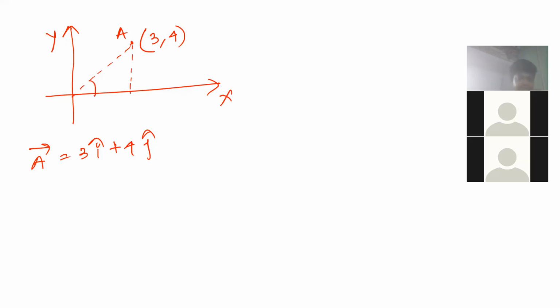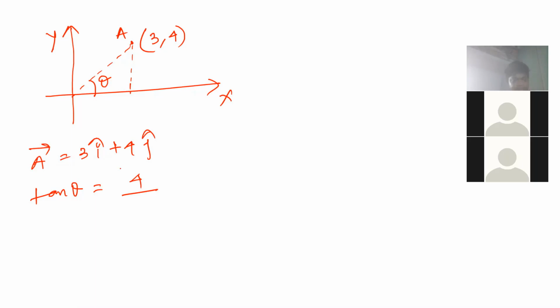Now, the inclination angle, we are saying this is theta. If you take tan theta, what will be its value? From the basics, we know that tan theta equals perpendicular by base. So in this case, the perpendicular, that means the component working along the y-axis or the vertical axis, is 4.